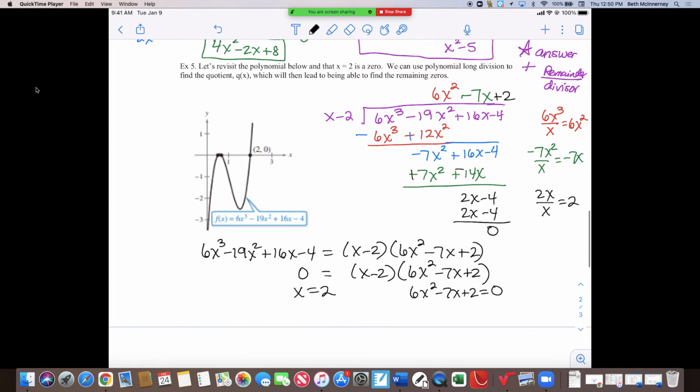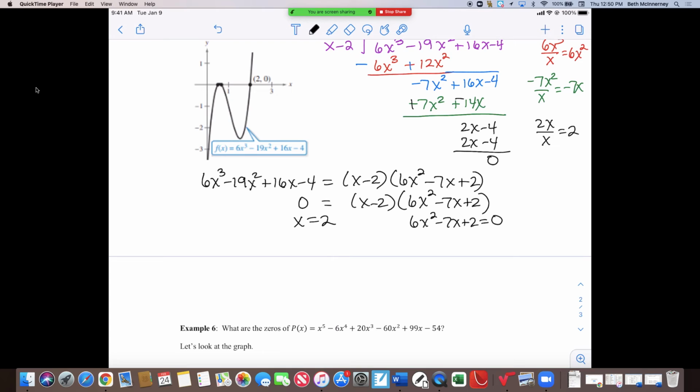Like 6x cubed minus 19x squared plus 16x minus 4, it doesn't factor. So if I know one of the zeros, I can take it down to a quadratic, and it'll either factor that way, or I can do quadratic formula. So let's find the other zeros then. That'll be x equals negative b, so that's positive 7, plus or minus square root, negative 7 squared minus 4 times 6 times 2, all over 2 times 6.